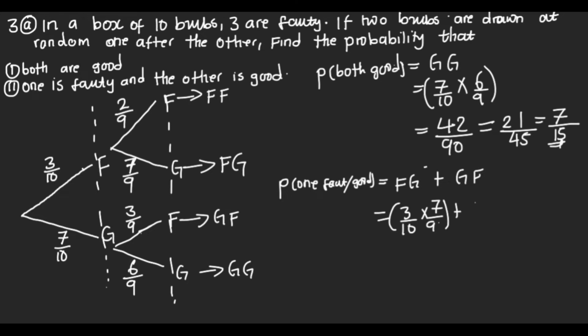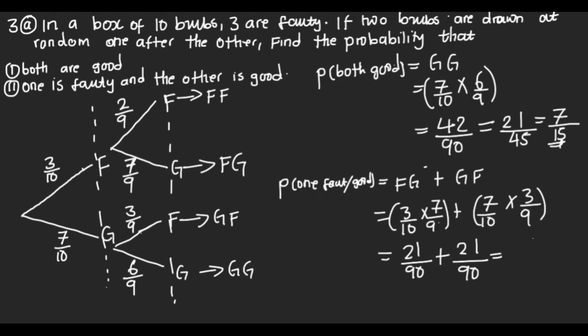So we have 7 over 10 times 3 over 9. So 3 times 7 we get 21 over 90 plus another 21 over 90.